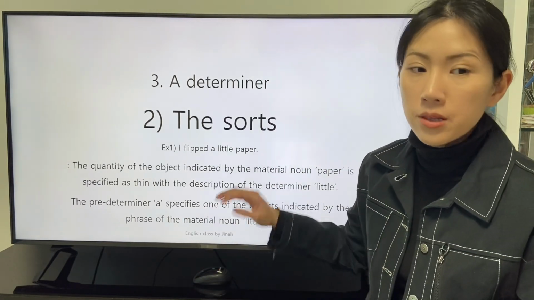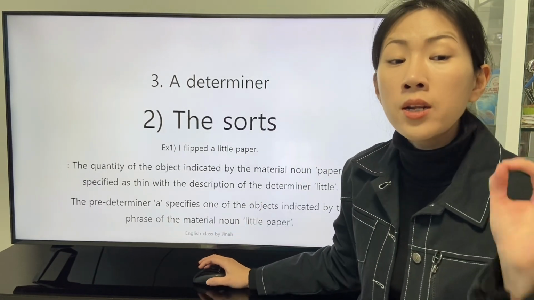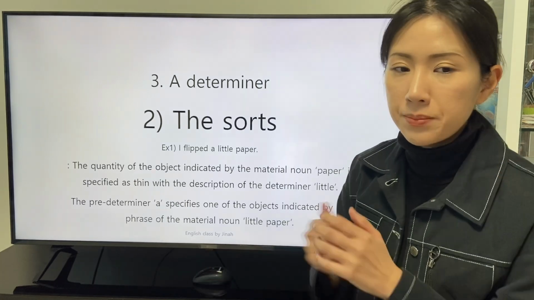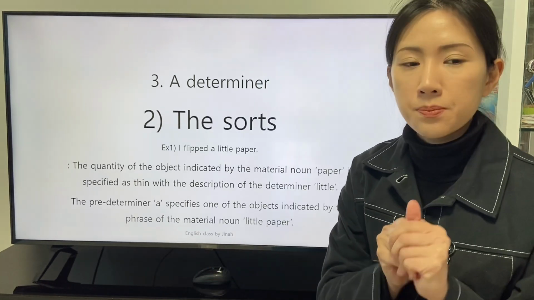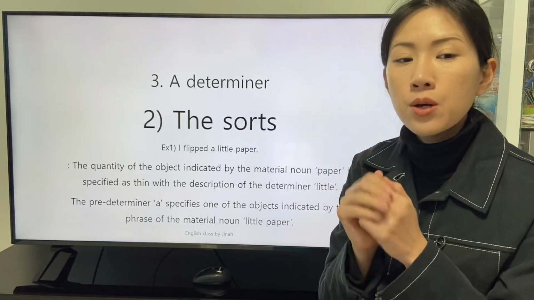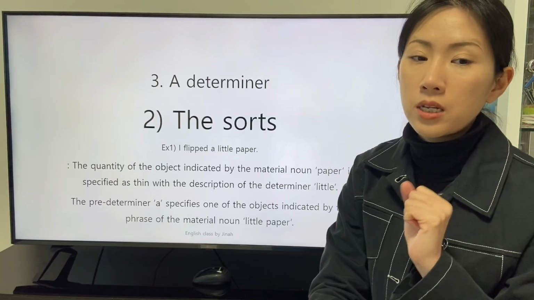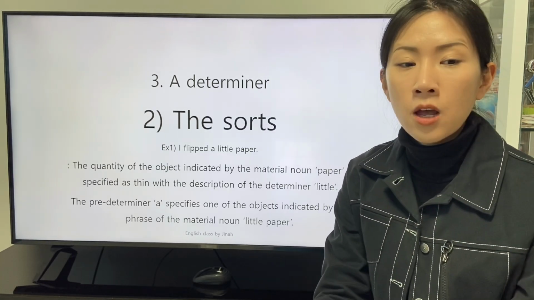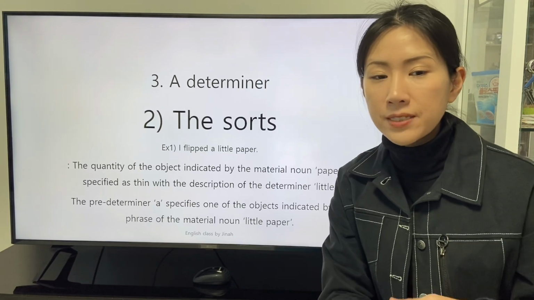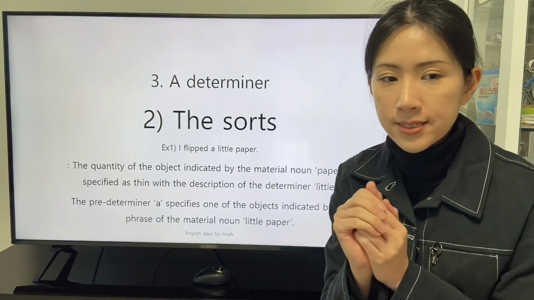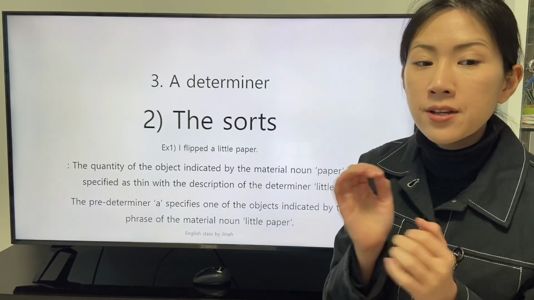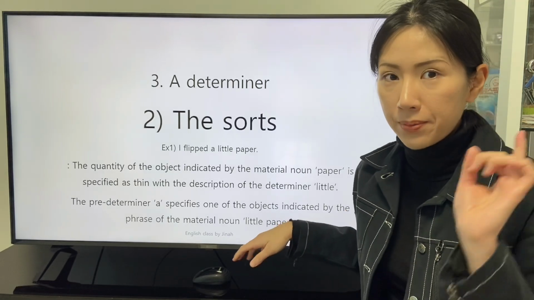Let's study about this clause. The quantity of the object indicated by the material noun paper is specified as thin with the description of the determiner little. The predeterminer a specifies one of the objects indicated by the phrase of the material noun little paper.